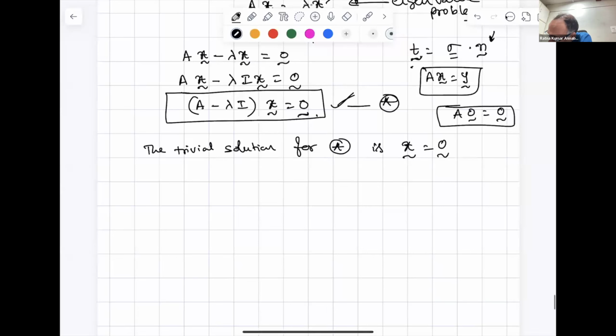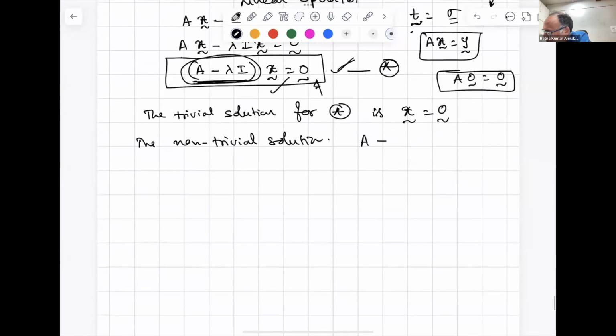But this equation will also be true for a non-trivial solution. What is the non-trivial solution? This equation will be true only when this matrix is singular, because the right hand side has to be 0. When will that be singular? What is the meaning of A minus lambda I being singular? Determinant not equal to 0?